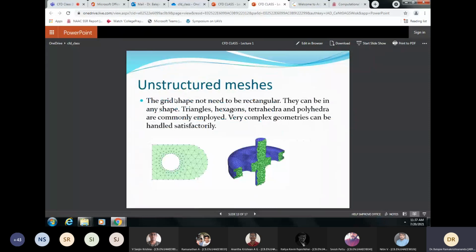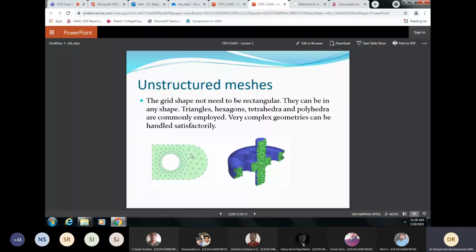Unstructured meshes, you can use even triangles. It doesn't go by the usual i, j thing. All points are identified like earlier, okay, but by a different system. Now they look more like triangles in this.